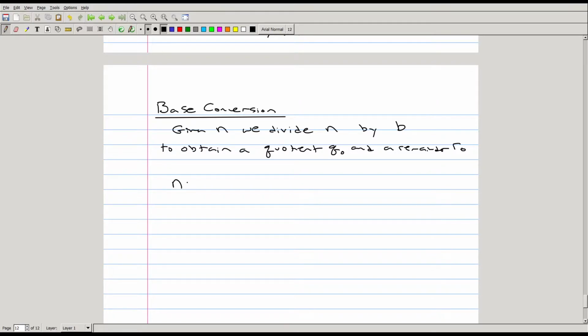Specifically, n will be q naught times b plus r naught. R naught is a remainder, so r naught is going to be strictly less than b and will be greater than or equal to 0.